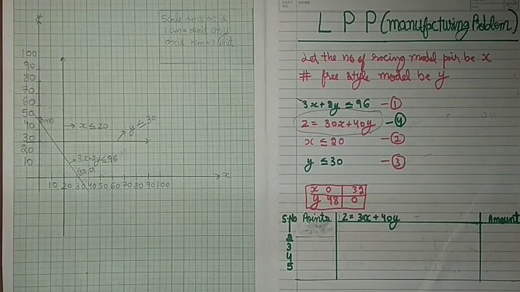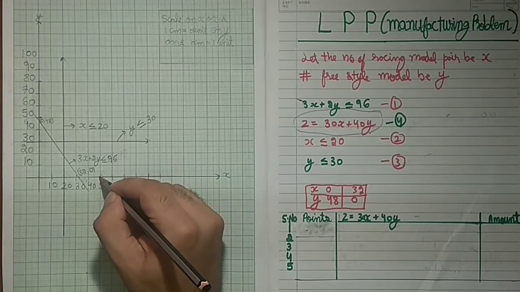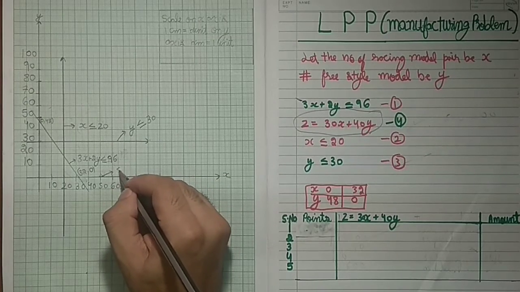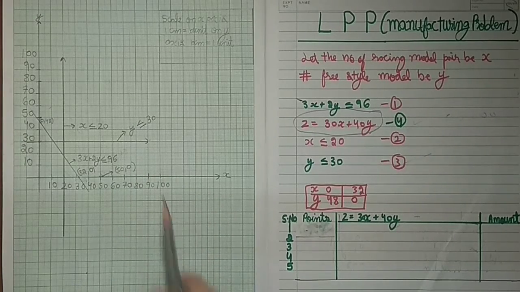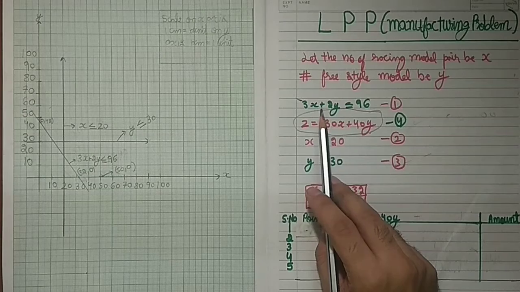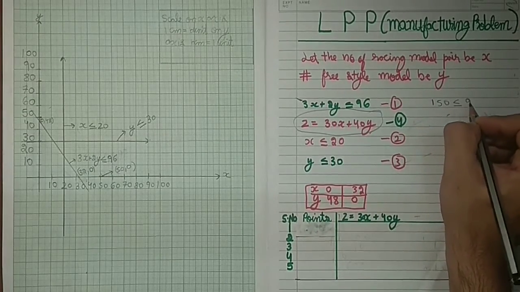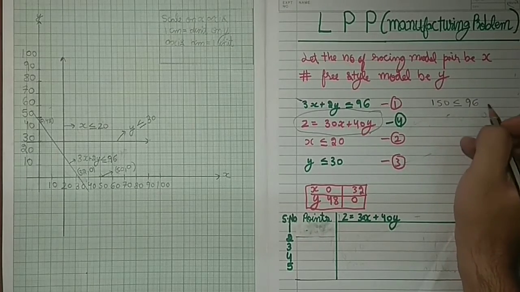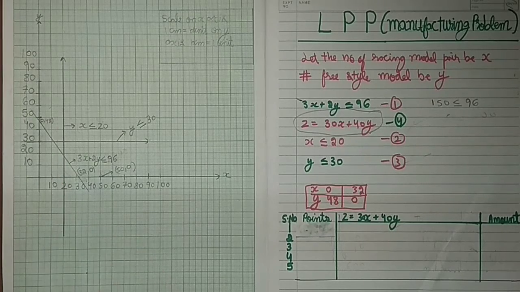Now let's take a reference point to get the area of the feasible region. The point to be noted here is that the reference point should not lie on the lines. Suppose we take a reference point as 50, 0. If we put 50, 0 in equation number 1, we get 150 is less than or equal to 96, which is false. So the bounded region here will be shaded.